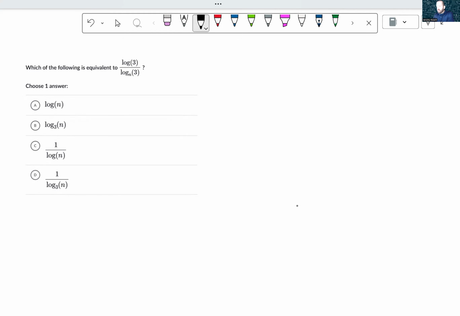So what we can do is we can rewrite the bottom log on the denominator using the change of base rule. So let's just focus on the denominator for now. Log base n of 3, if we use the change of base rule, is log 3 over log n.